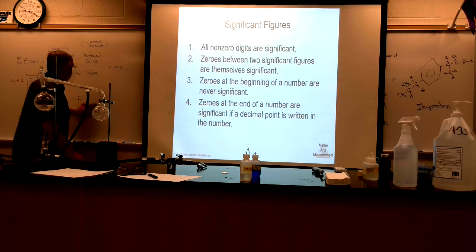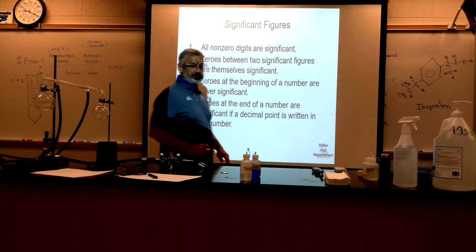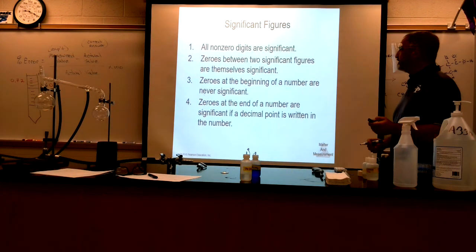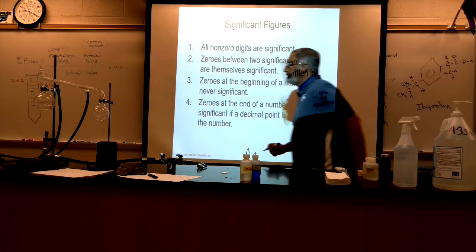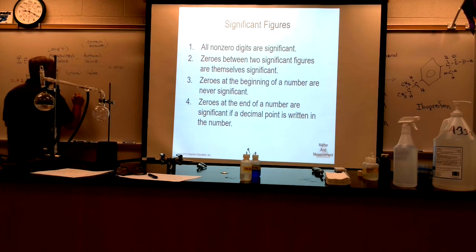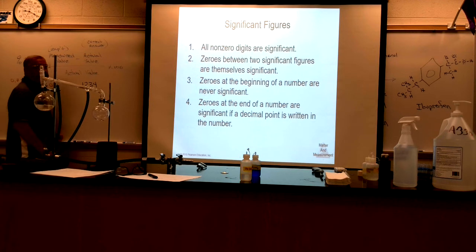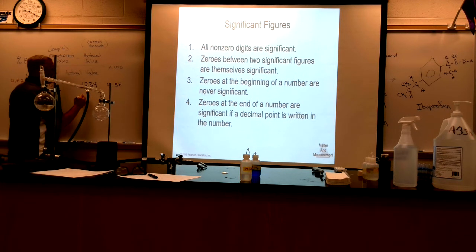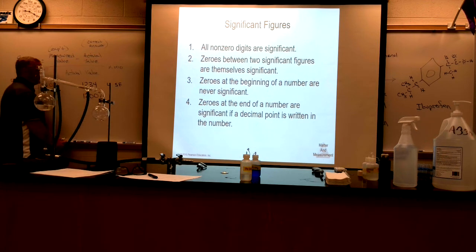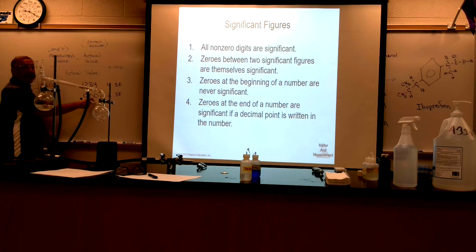So if I give you, obviously, if I said 1, 2, 3, 4, that's going to be how many sig figs? 4 sig figs. Okay? But if I said 1,200, that's just going to be 2 sig figs, because those zeros are not significant.